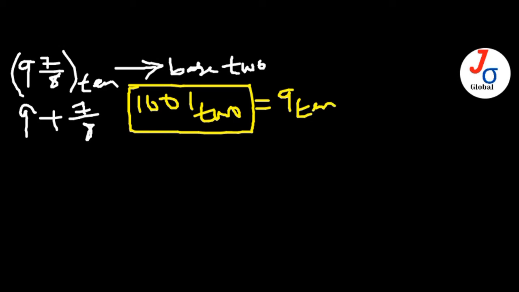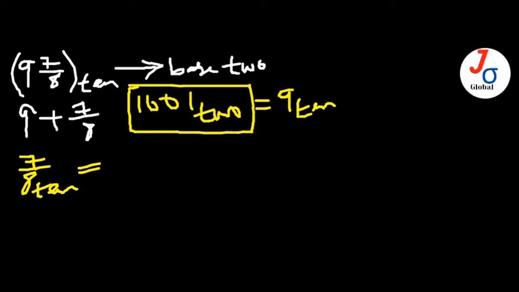Okay, now I'm going to pick 7 over 8 base 10. So I'm going to convert that to base 2. So this is 7 over 8. And besides, I know it's 2 raised to the power of 3 that gives me 8. And this is in fraction.